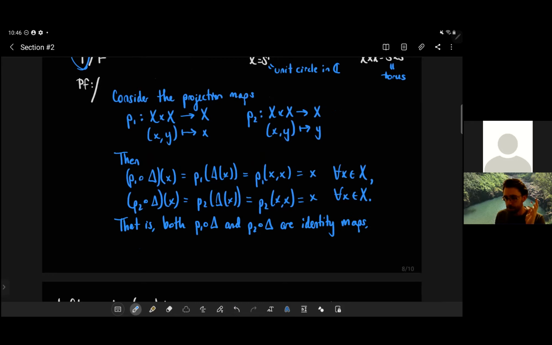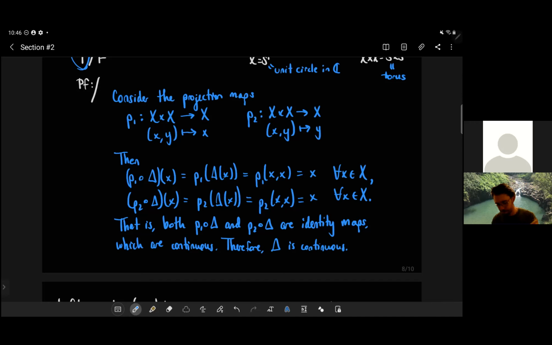And the professor also proved identity maps are always continuous. So they are continuous. Therefore, delta is continuous.